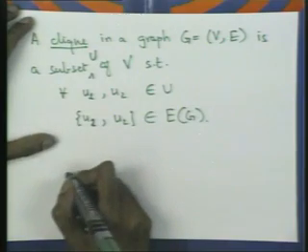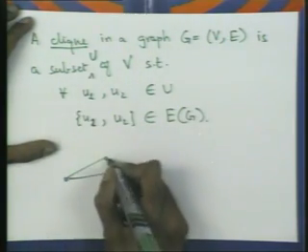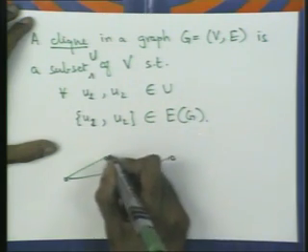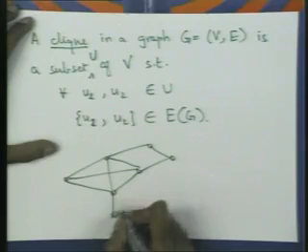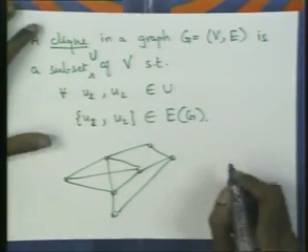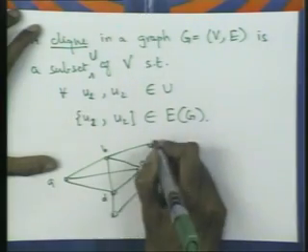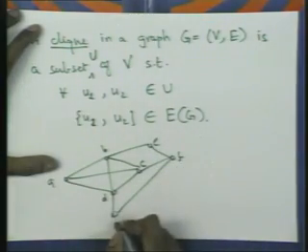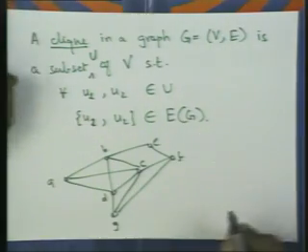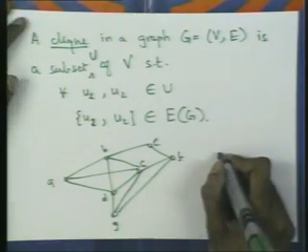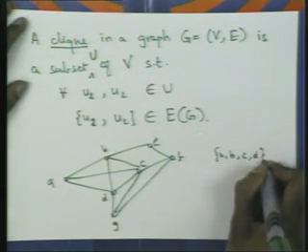Okay, let's take an example. Let's take this example: A, B, C, D, E, G. Let me add this. In this example, A, B, C, D is a clique.